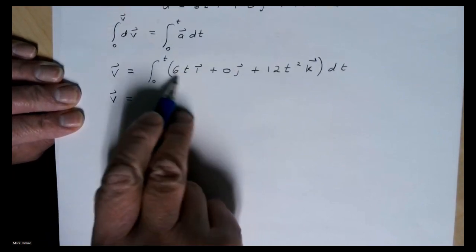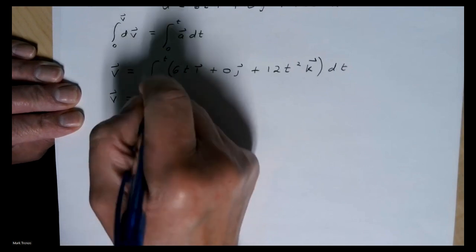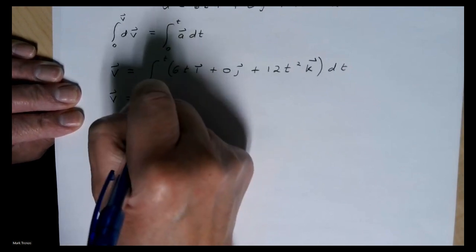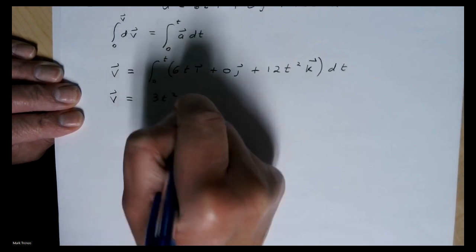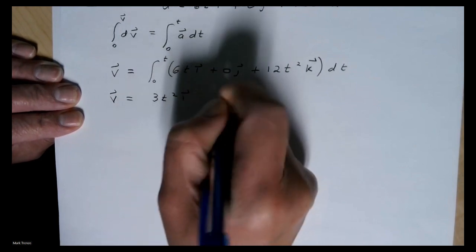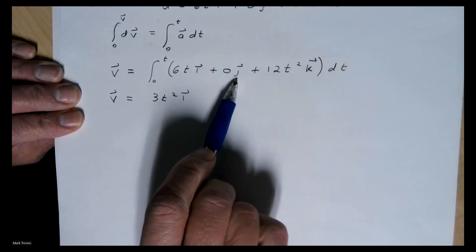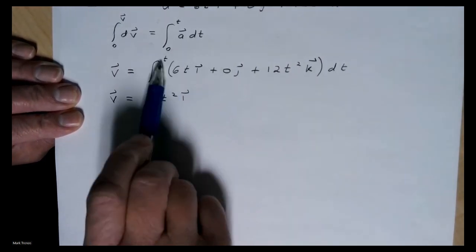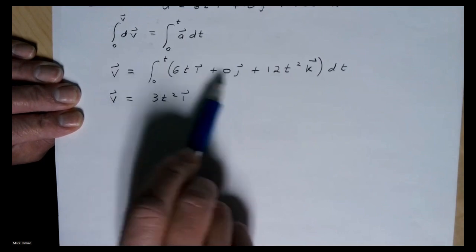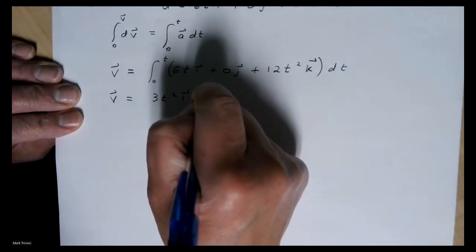And so just integrate each individual term. So if we integrate this, we'll get 3t squared. And like I said, when we integrate this one, because we have bounds, whenever you integrate 0 and you have bounds on your integral, this will just stay 0.